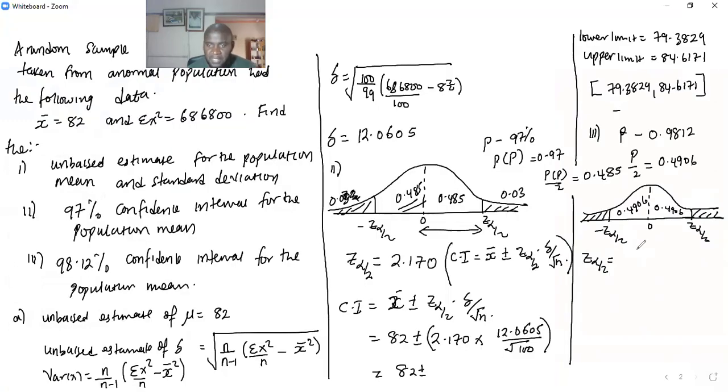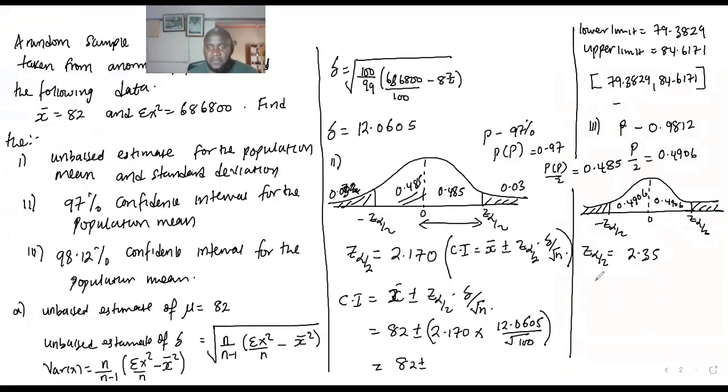So this is 2.35. To get the confidence interval, we use X bar, the mean, plus or minus Z alpha over 2 times sigma over root n for a sample. I wanted to do a number on the population. Let me see if we finish this one, we can do a population.